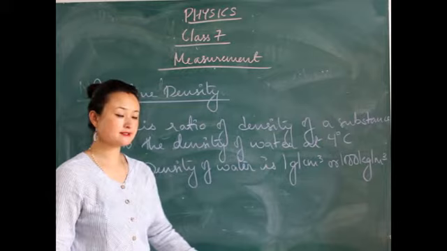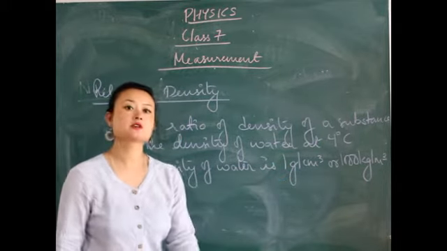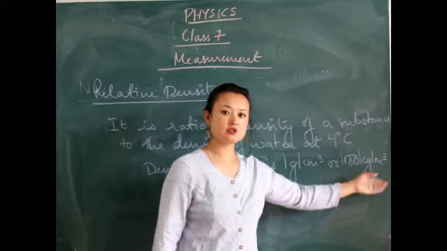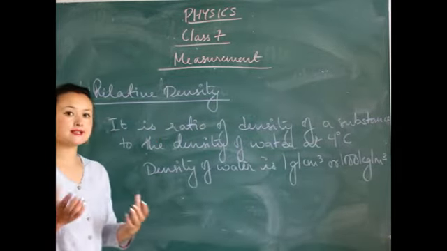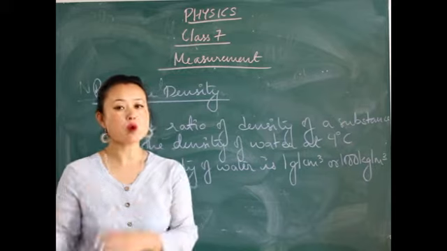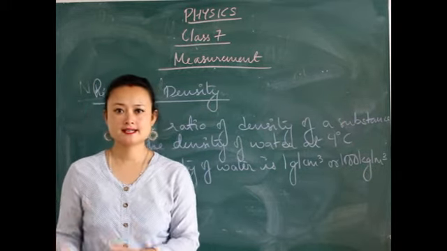So if you are comparing in CGS, you take 1 gram per cubic centimeter. If you are taking in SI unit, you take it as 1000 kg per cubic meter. So when we are comparing the density of a substance to the density of water at 4 degrees Celsius, we call it relative density.